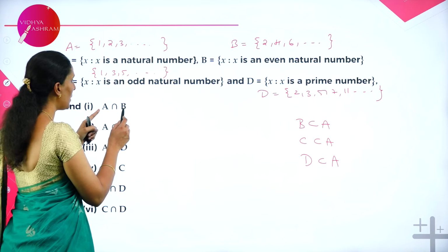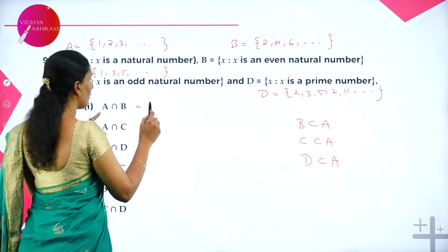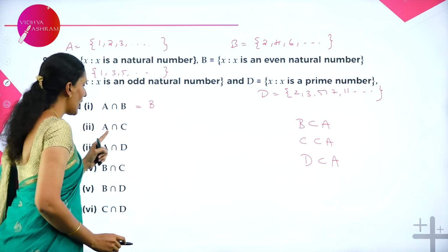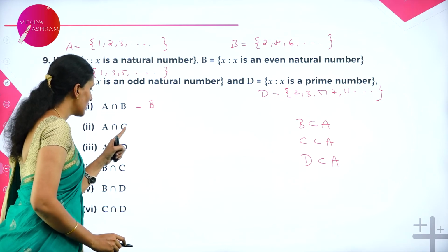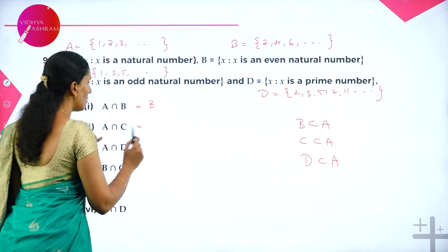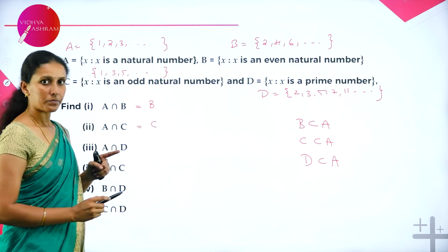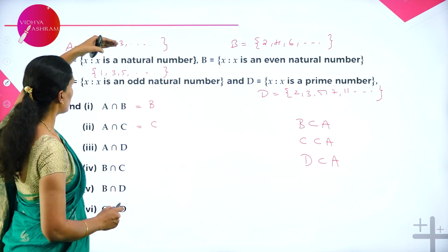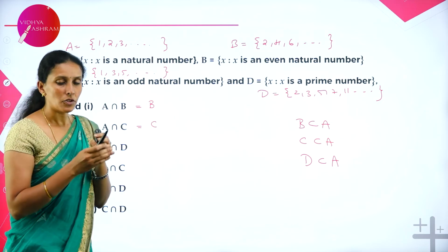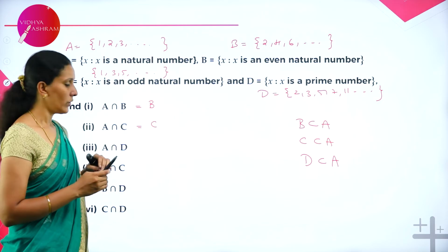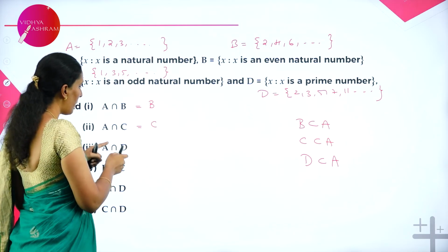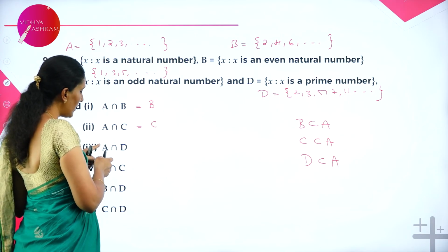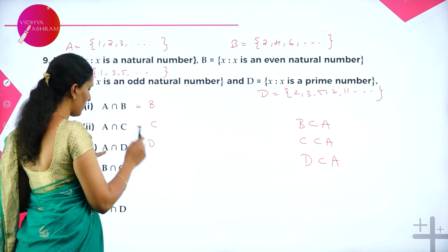We know that B is a subset of A, so B is the answer. A intersection C means C is a subset of A, so C is the answer, because when I intersect odd natural numbers with natural numbers, the common elements are odd natural numbers only. So that's why we get C. Prime numbers intersecting with natural numbers is again prime numbers.